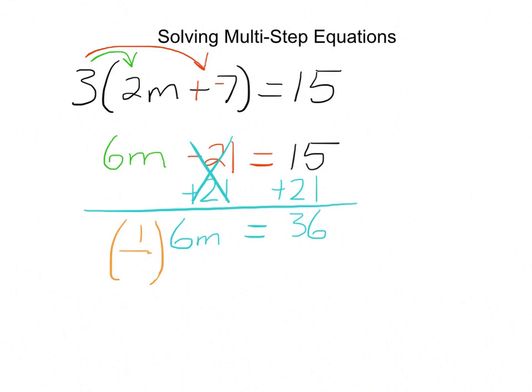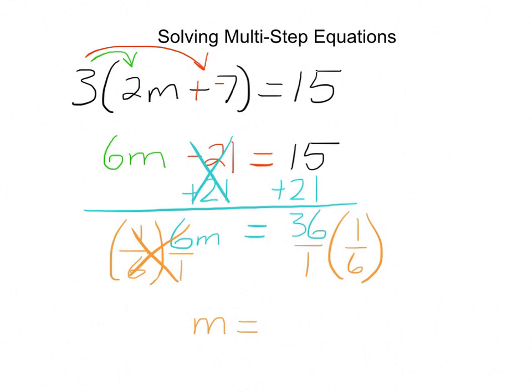Even teachers make mistakes. 1 over 6. So I'm going to multiply both sides of my equation by 1 over 6. And when I do that, again, I create fractions just to make the multiplication a little easier to see. When I multiply by 1 over 6, these values will cancel out. They create a value of 1, which means that it's just 1m.